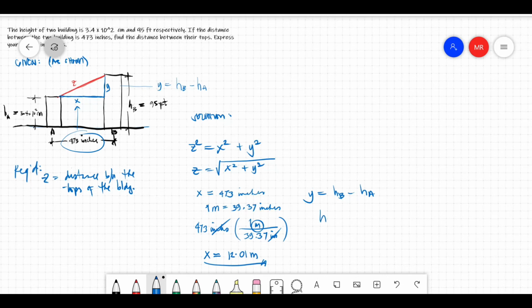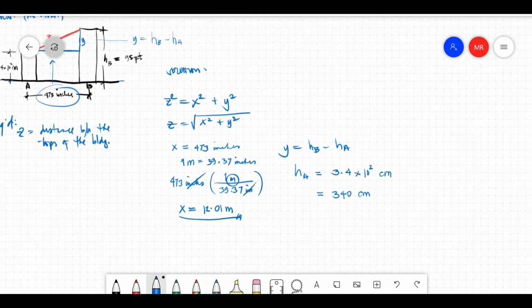HA is 3.4 times 10 raised to 2 centimeters, or 340 centimeters.